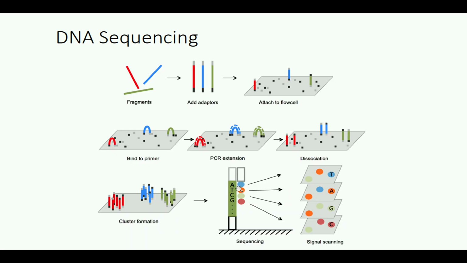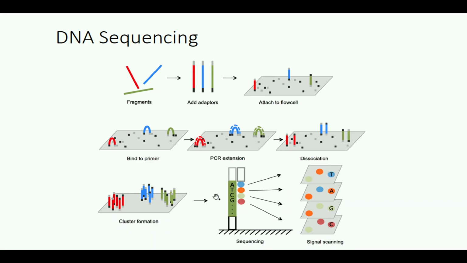As I said, there are four types of reagent, where each only binds to and recognizes one type of nucleotide. Once it recognizes it, the fluorescence of that reagent shows us what type of nucleotide it is.